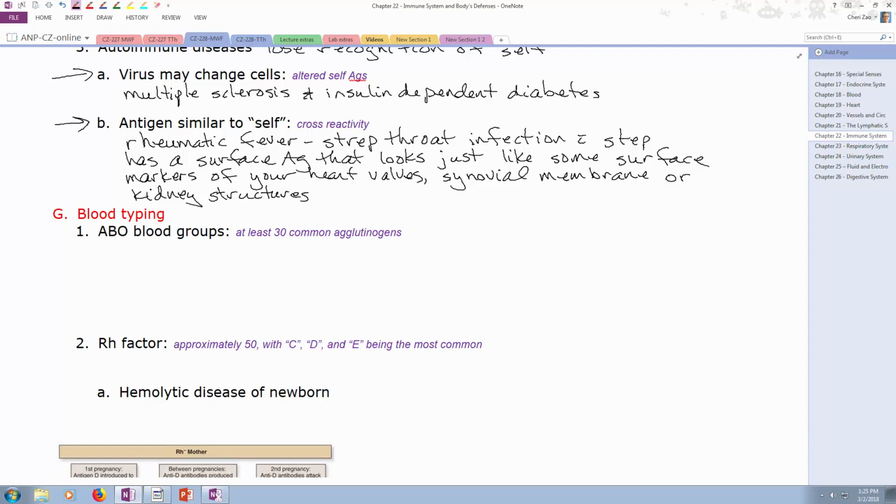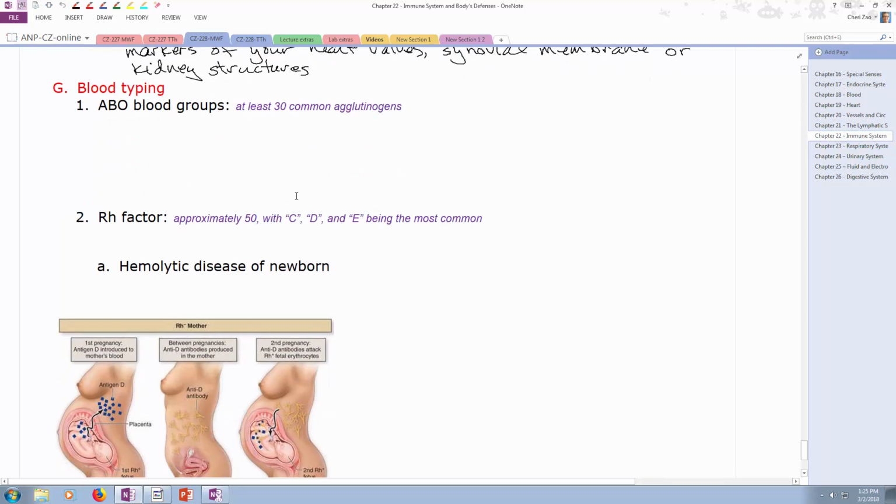However, this response is going to include recognizing now a chemical structure from that strep as foreign, and that unfortunately resembles a chemical structure of the molecules of your heart valves or your synovial membrane of your joints, and then your various kidney structures called glomeruli that we'll learn about in a little bit.